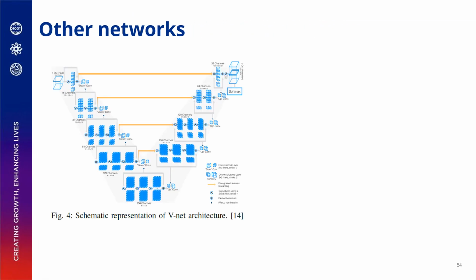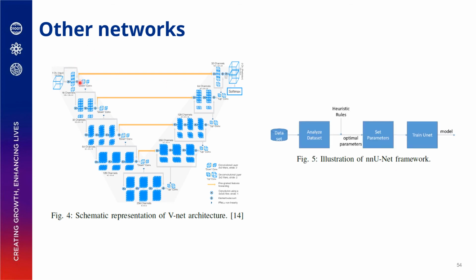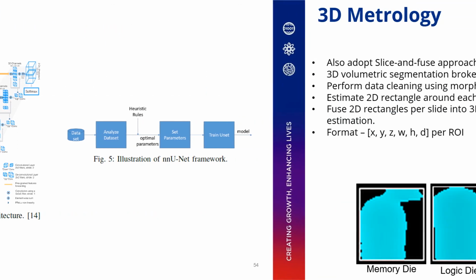Some of the other networks that we used for our comparison, as I mentioned, was VNet, which had these residual connections, and NN unit, which looks at a combination of 3D unit variants, but focuses on the heuristic rules, parameters, pre-processing, post-processing, and so on.